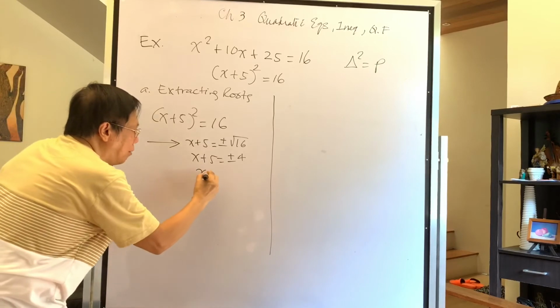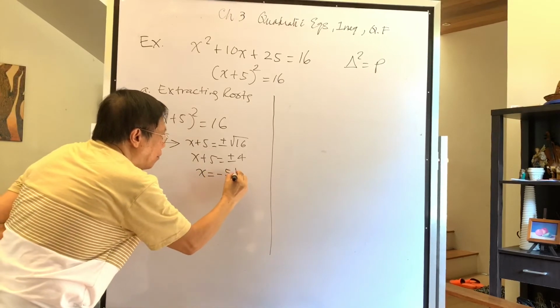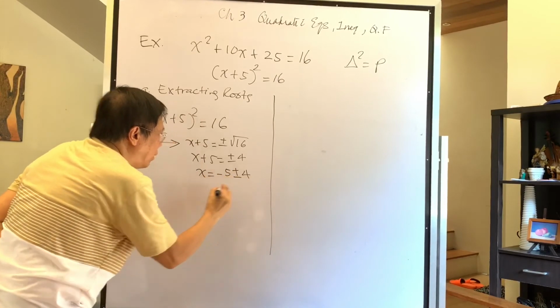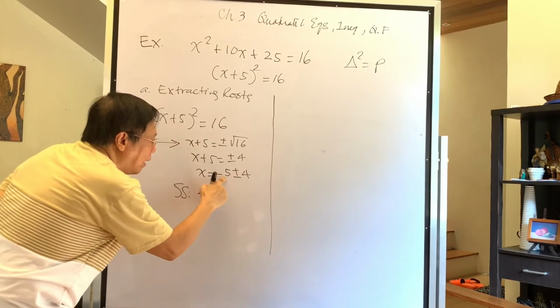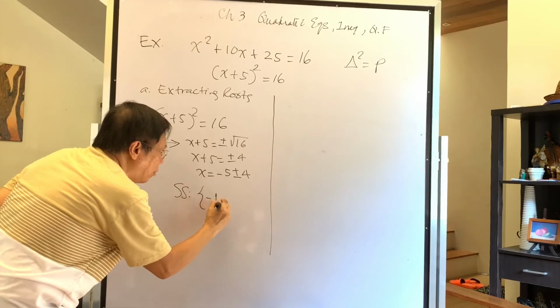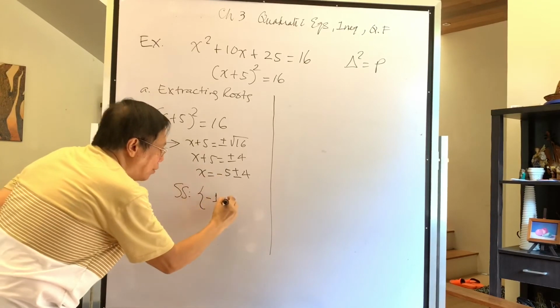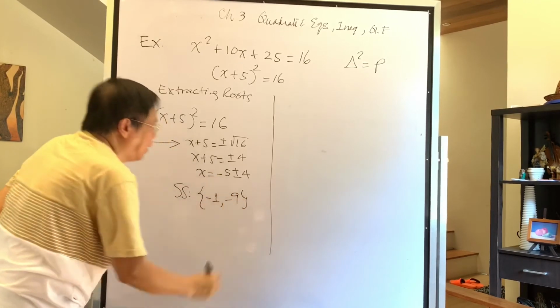Solving for x here, we get x equals negative 5 plus or minus 4. And our solution set will be negative 5 plus 4, which is negative 1, and negative 5 minus 4, which is negative 9.